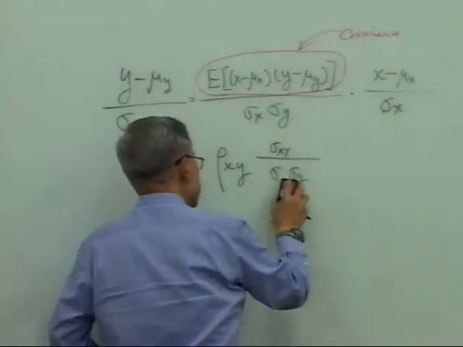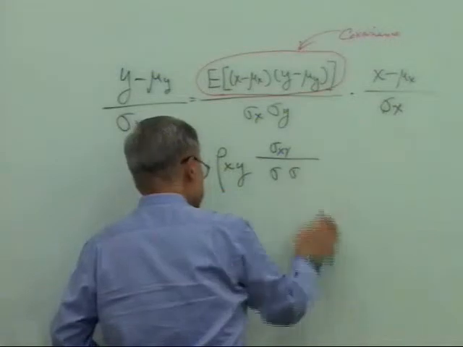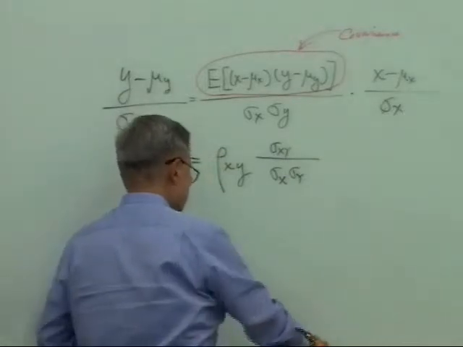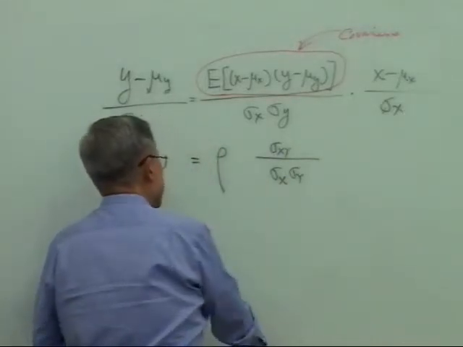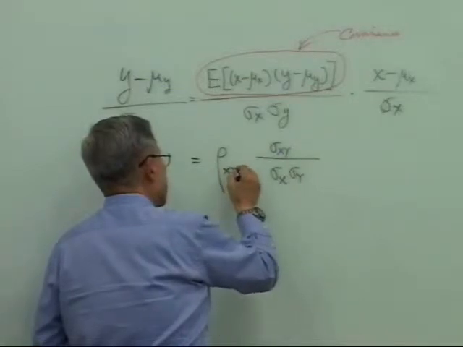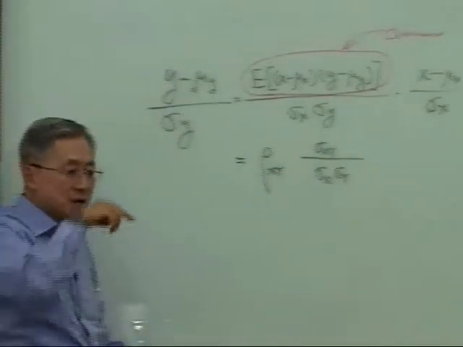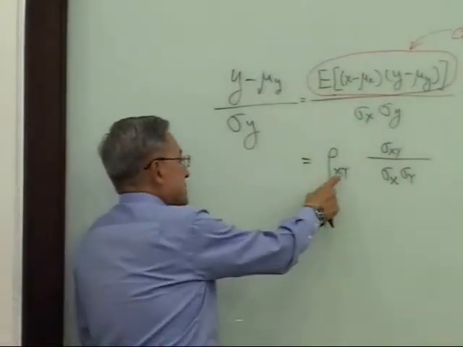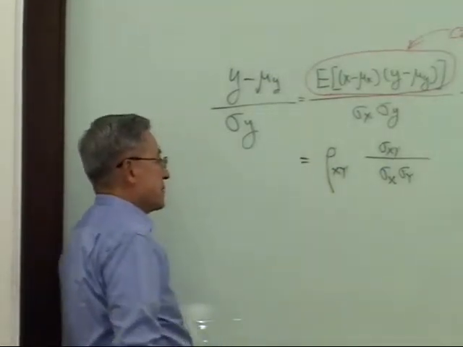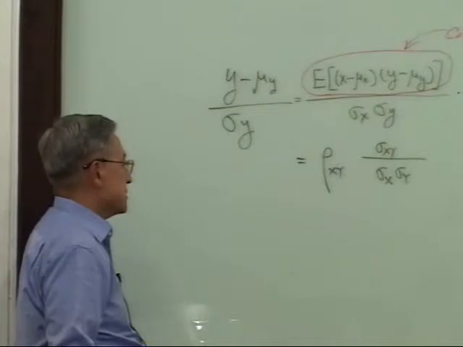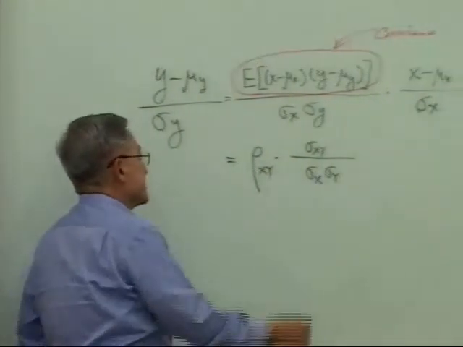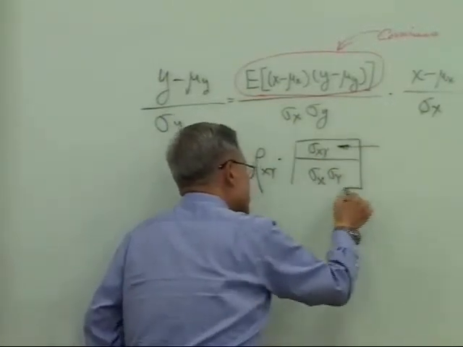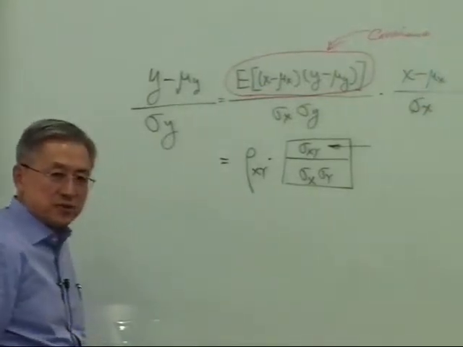Strictly speaking, this should be capital X and capital Y, and that should also be capital X, capital Y. There is a tendency to just use the lowercase subscript, small xy, but you know what. So this is the covariance. The whole thing is called the correlation coefficient.